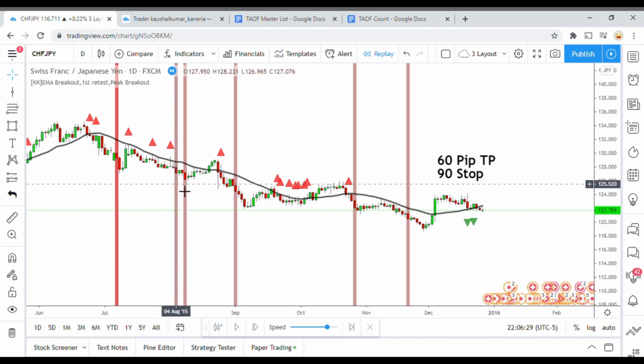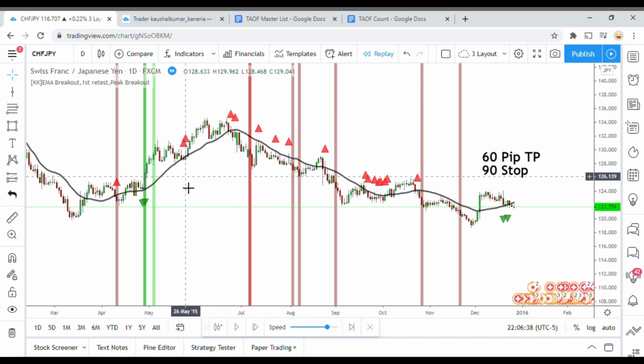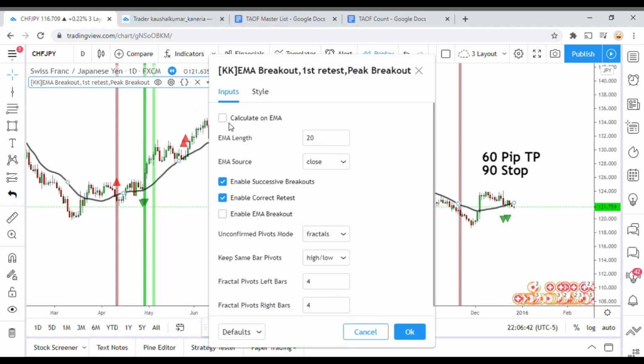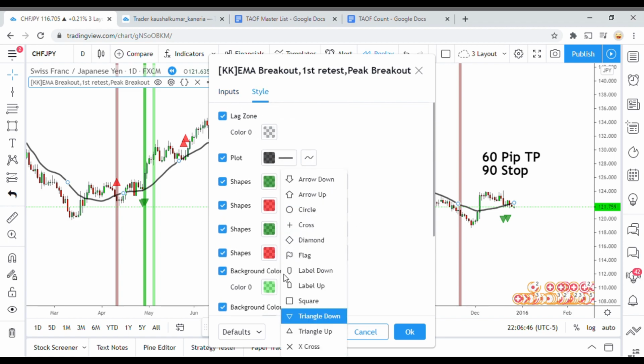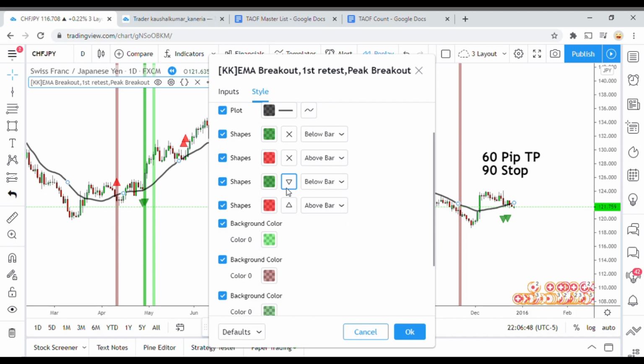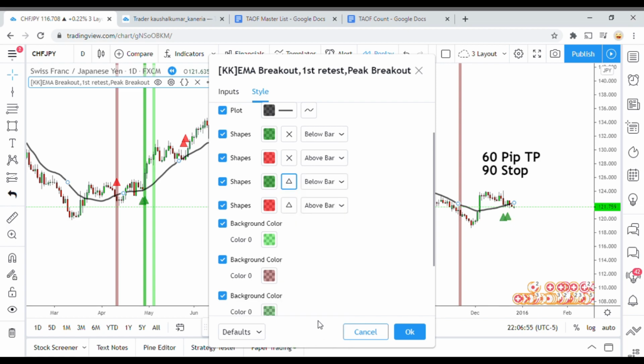First, we would look at these triangles here. So we have red and green triangles. Now, one thing that is slightly annoying, and I'm not sure why the creator did this, but for some odd reason, green triangles point down and red triangles point up.